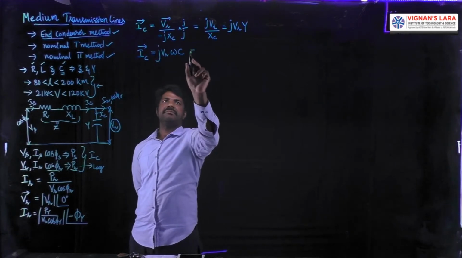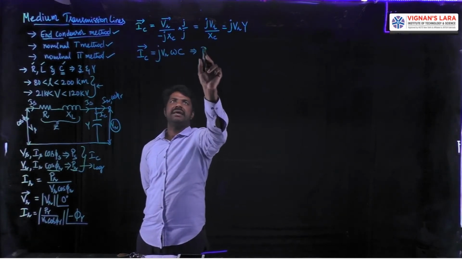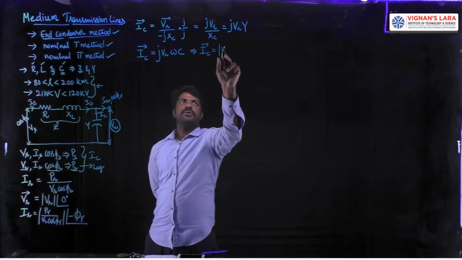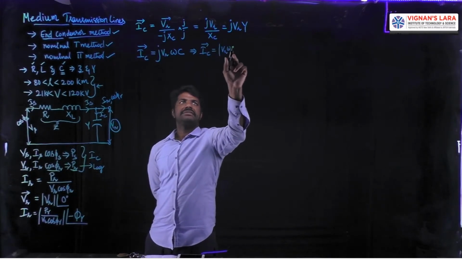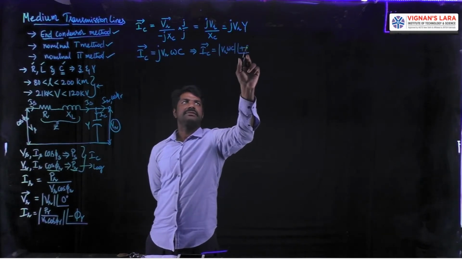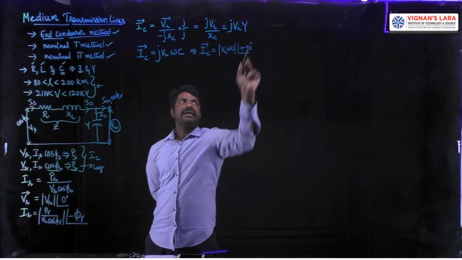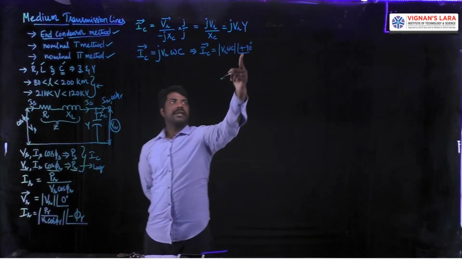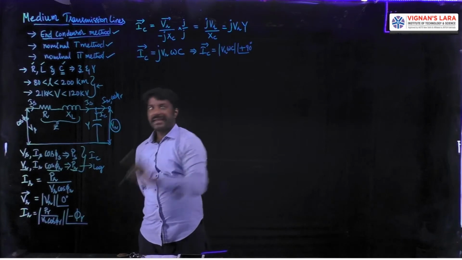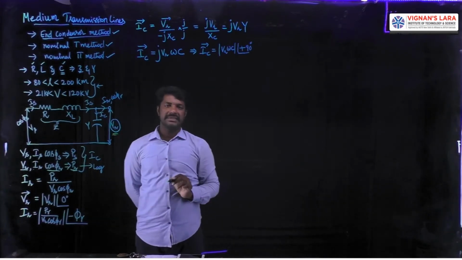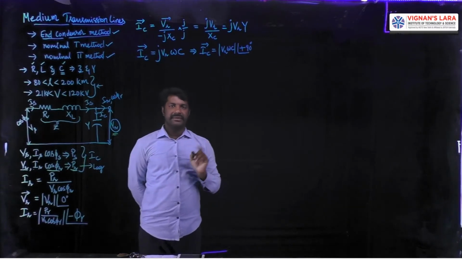The same thing can be written in the phasor notation as IC phasor is equal to magnitude VR omega C making an angle of plus 90 degrees. All these angles whatever I am showing here, whether it is minus phi R or plus 90, all these angles are represented with reference to the voltage VR, since I have taken VR as a reference.